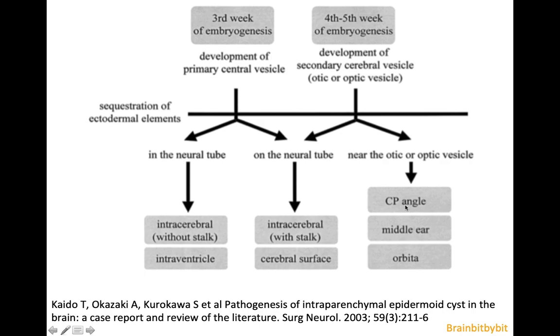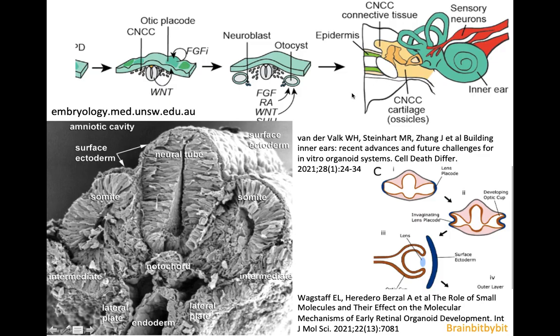And the epidermoid cysts occur when there's inclusion of ectoderm, when the secondary cerebral vesicles are formed. So, for example, the otocyst and the optic disc in the diencephalon.